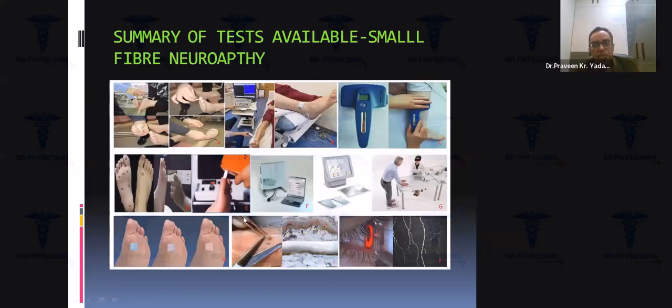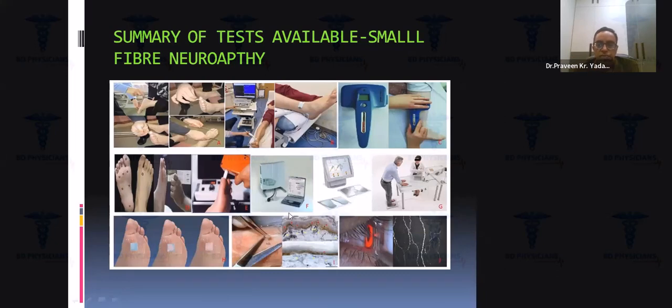Now, these are the various tests which are available for the small fiber neuropathy. There's a biothesiometer where you look at the vibration, then you can look at the pressure sensation, the touch sensation, all various machines are there. And the sensitivity ranges from around 60 to 70%, and it's quite handy and can be used, and it's relatively cheap.